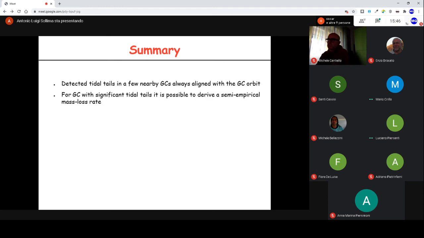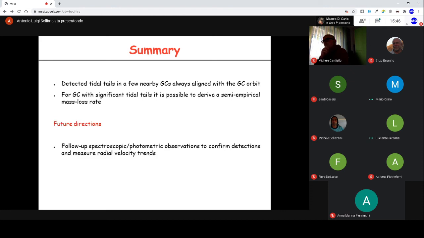And I used these tidal tail detections to constrain the mass loss rate from these systems. This constitutes the first observed estimates of the mass loss rate in these systems, which are being compared and used to test the n-body models.